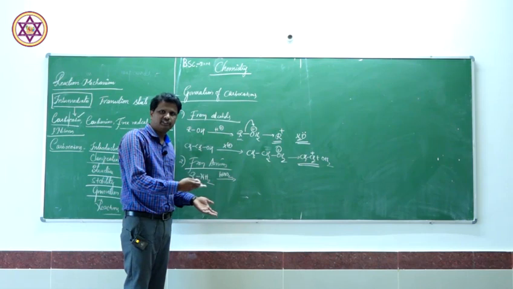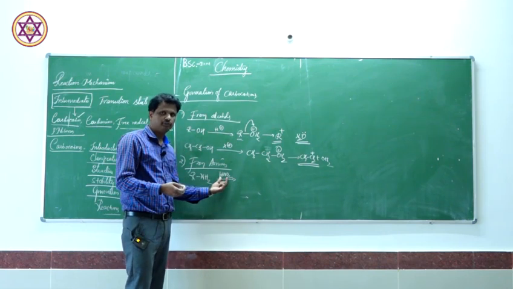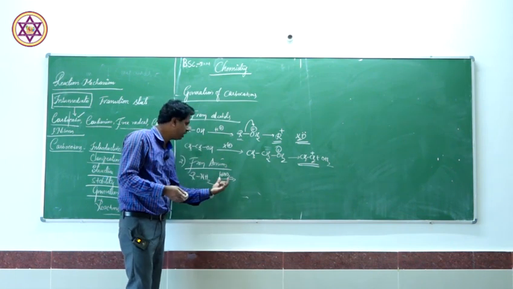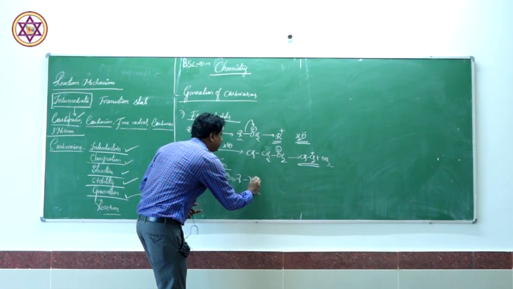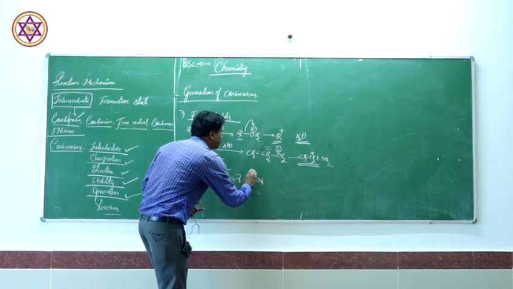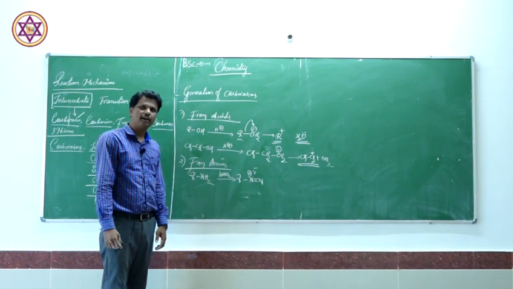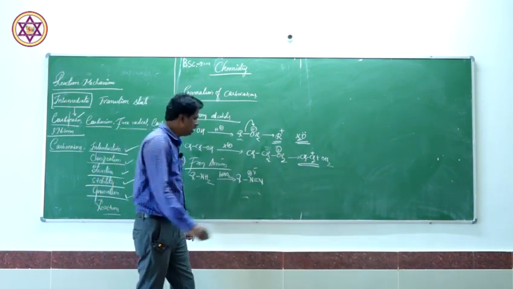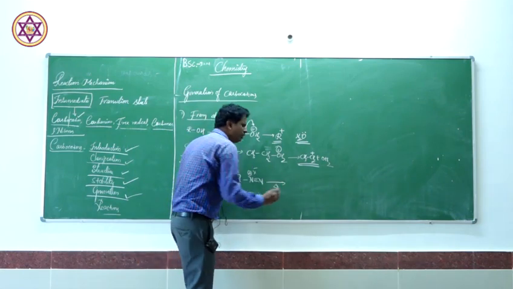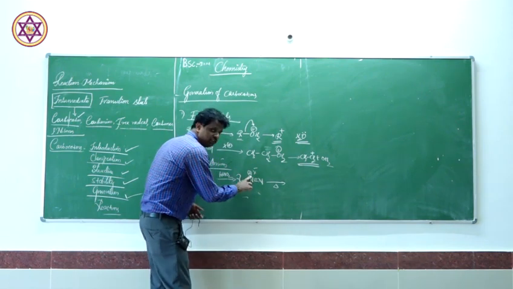Sometimes it is also written as NaNO2 in presence of HCl, but this is what actually forms when you mix NaNO2 and HCl. So we say nitrous acid. You will get an aromatic or any diazonium salt, and this diazonium salt, upon heating, what happens? See, there is a positive charge on nitrogen here.